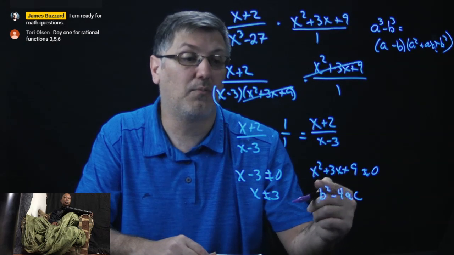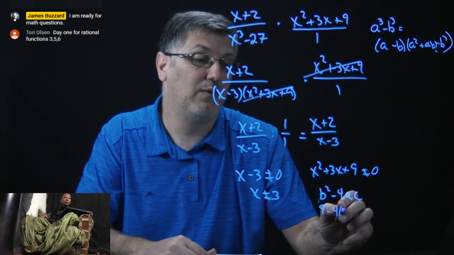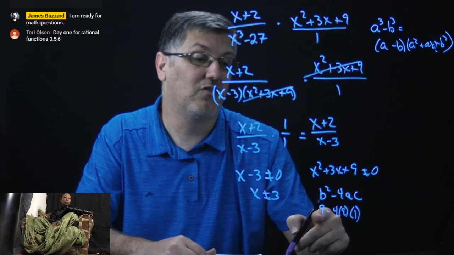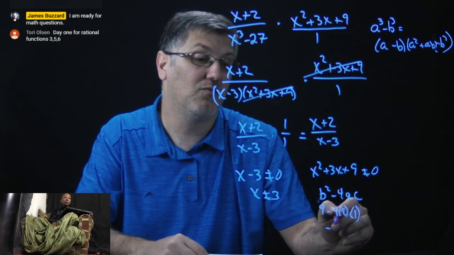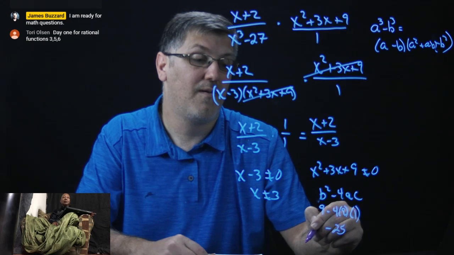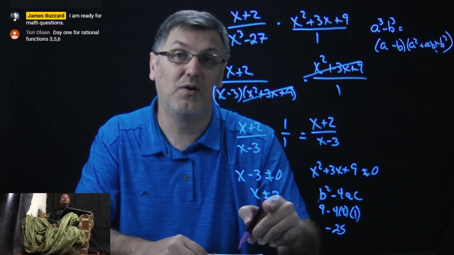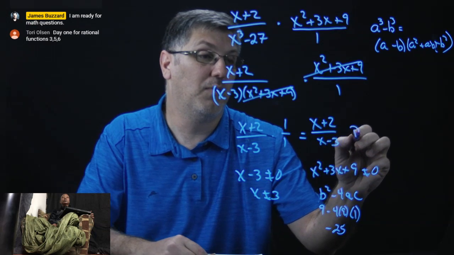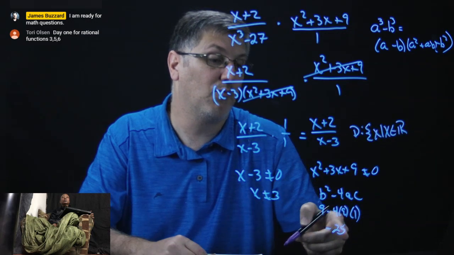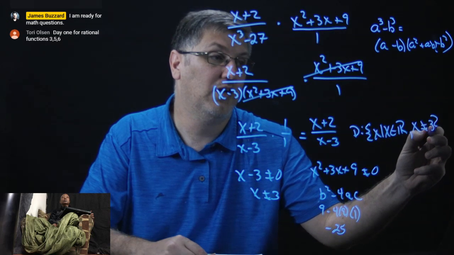In fact, 3 squared is 9 minus 4 times 9 times 1. You can already see this 9 minus 36 is going to be negative, negative 27. So at this point, this means it's complex. So this is the only real number that can be in there. So for this, my domain is the set of all x such that x is an element of the real numbers, and x cannot equal 3.